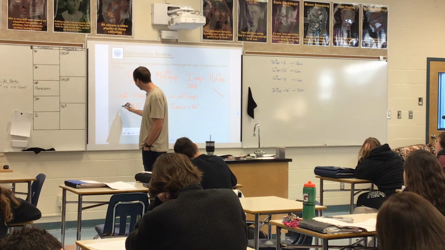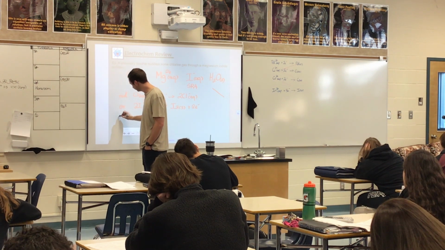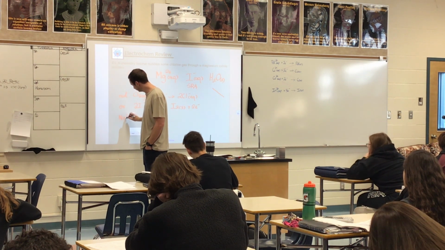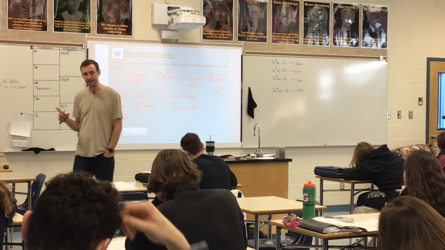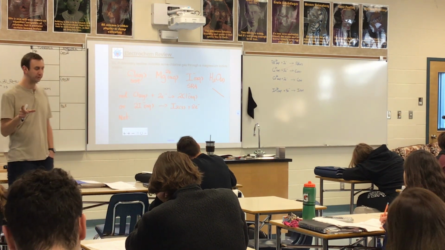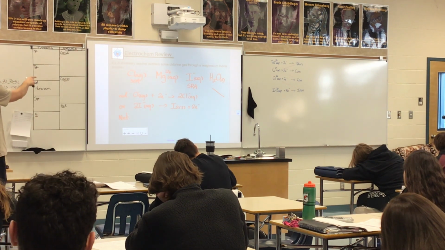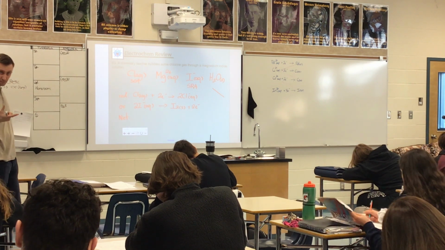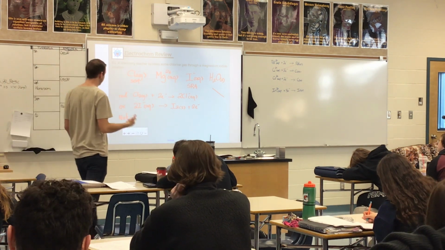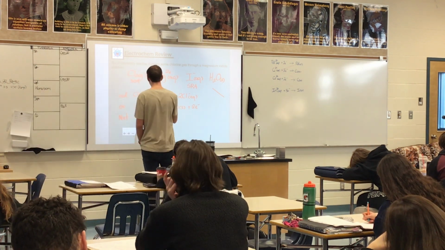So for my net, I now just combine the two. I'm really lucky with this reaction because the electrons are equal in both. I have 2 in the reduction, 2 in the oxidation, so I don't have to do any multiplying. It's already ready to cancel out on both sides. I can just combine.